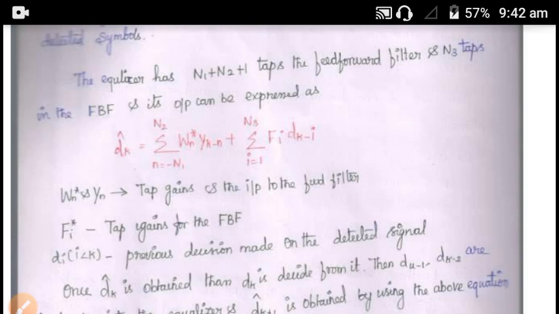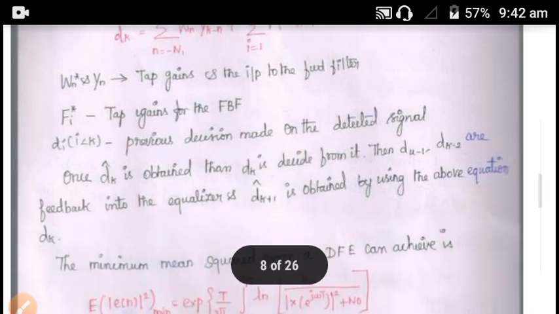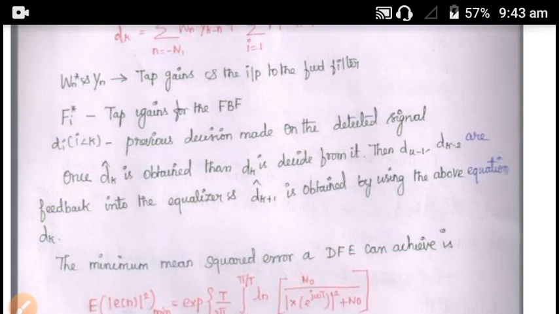Once the dk cap is obtained, then dk is decided from it. Once we obtain the dk cap value, we can decide the dk value from that output.